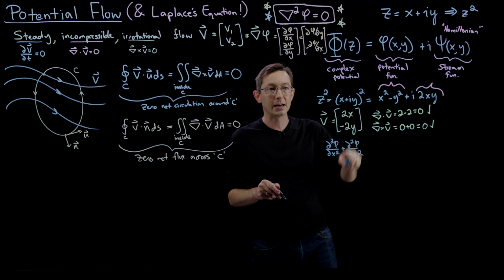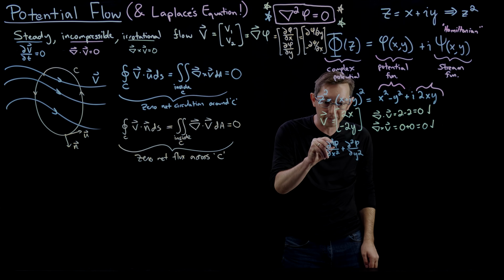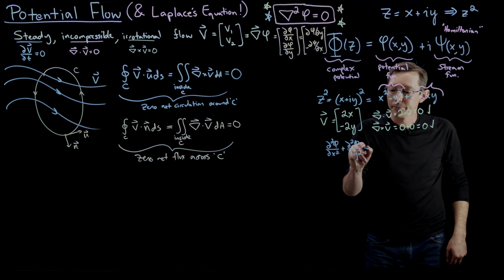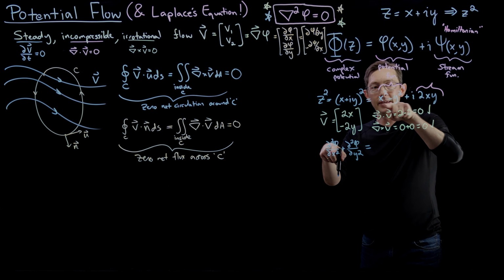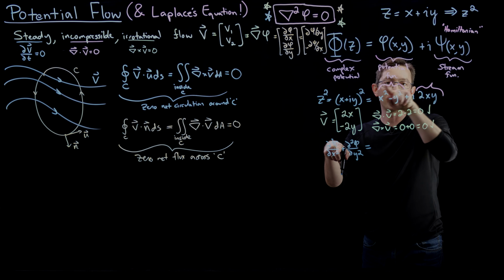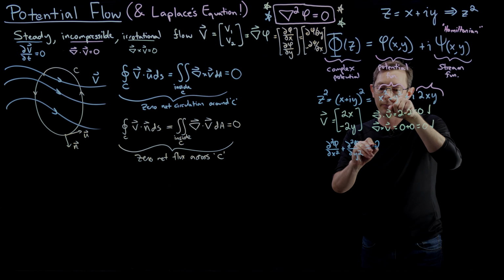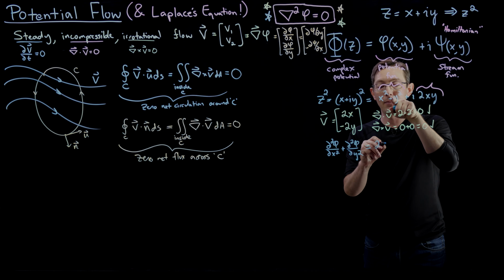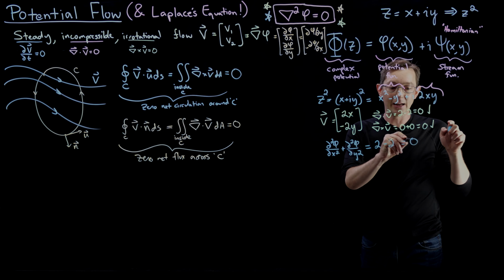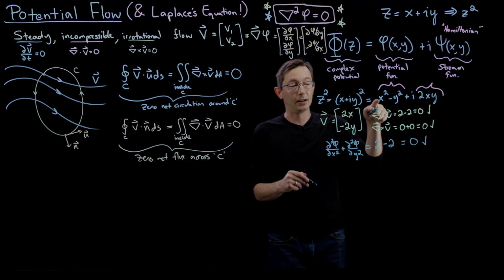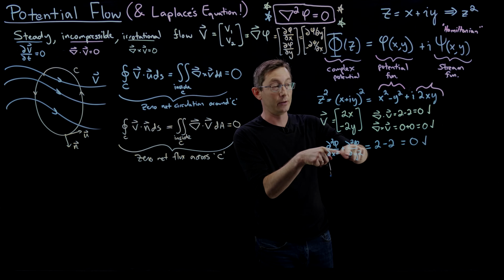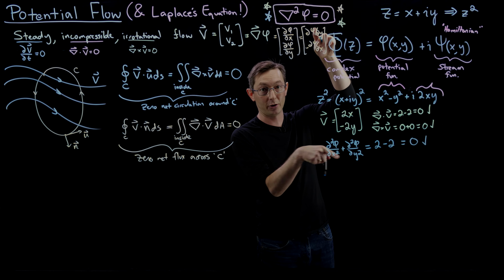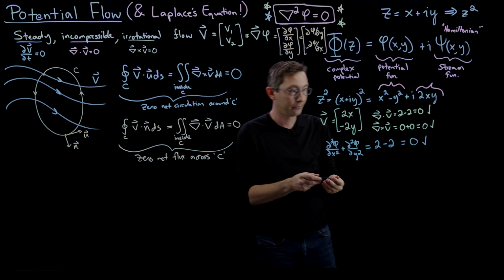Apologies, my phis look terrible. That's a phi function. If I take this function, its first derivative with respect to x is 2x, and the next derivative is 2. The second derivative with respect to y is minus 2. And again, that equals 0. This function satisfies Laplace's equation.